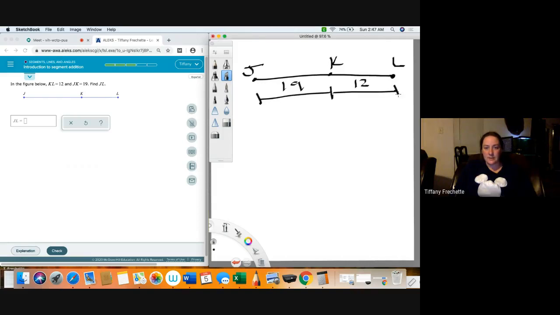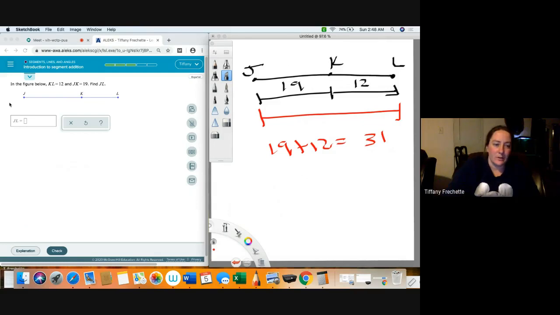I know what the two pieces are, and I want to put them together to find one length for the whole thing. So we simply add the two pieces together and we get 31.